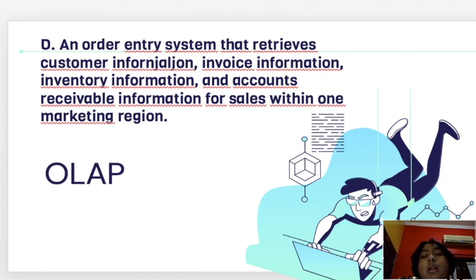Why? Because one marketing region is still relatively bigger in terms of data stored or processed compared to a transactional stage, where one marketing region could be several marketing departments in that region.